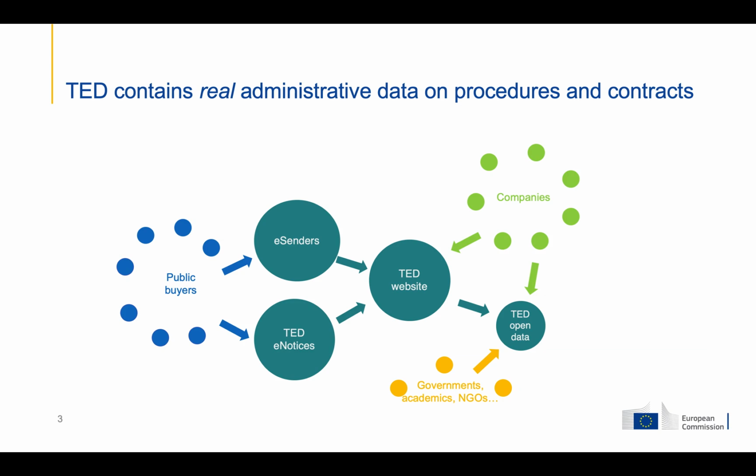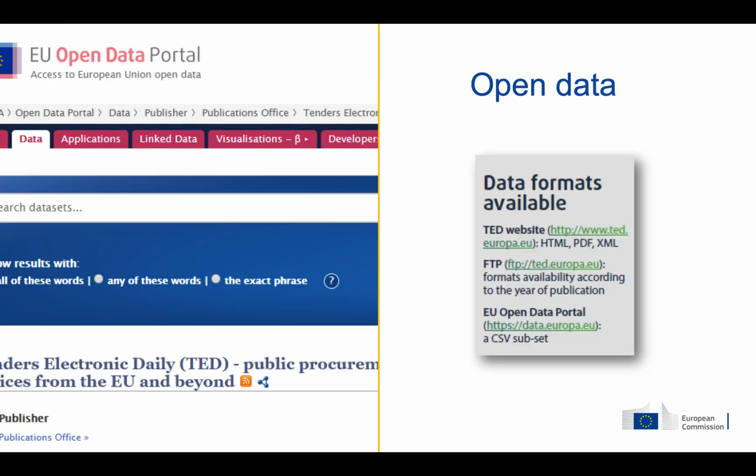We provide the data in several formats, in real time more or less as XML, but probably the easiest way for you is to use the CSV files that we are providing.